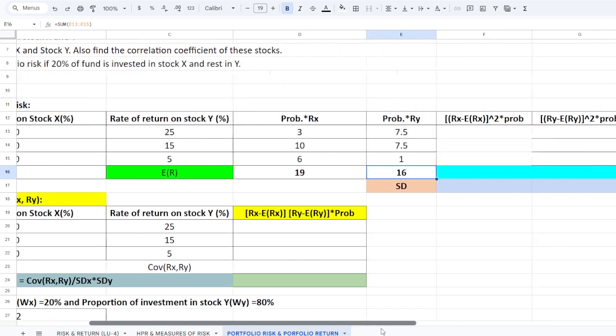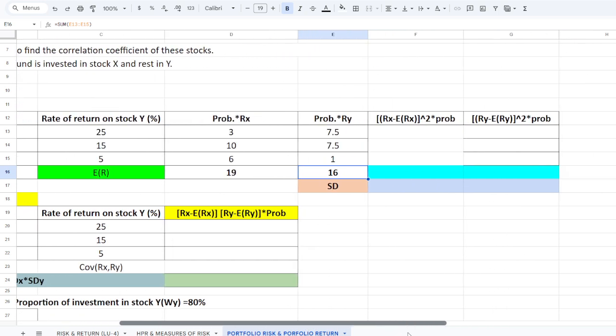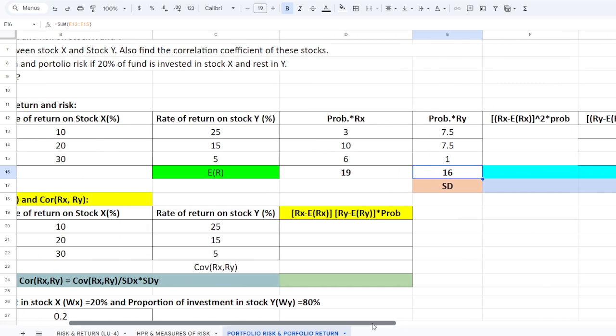Now the next question is about the risks. Risk is all about variation from the mean value. When we have a probability distribution, we calculate Rx minus the expected return, R bar X, squared, into probability. Again you do the same process here.